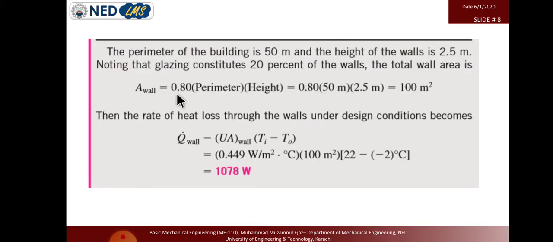Now we have to calculate the area. The perimeter of the building is 50 meters and the height of the wall is 2.5. Perimeter is basically the sum of all sides. Like if we take the example of a room, we have 4 walls, so 50 means it is the sum of all the walls' distances.